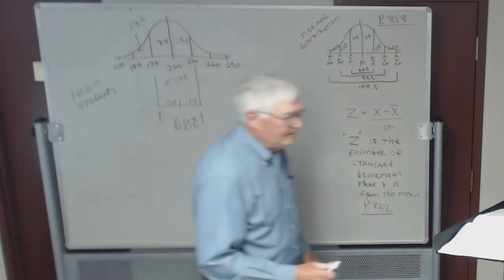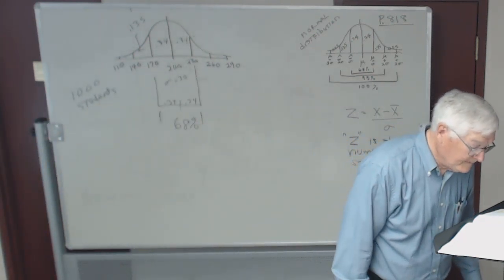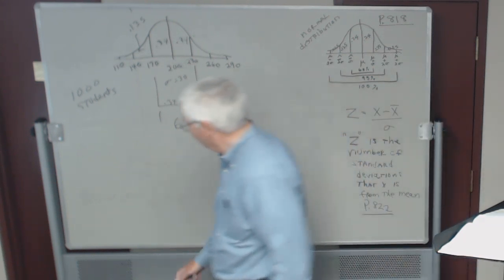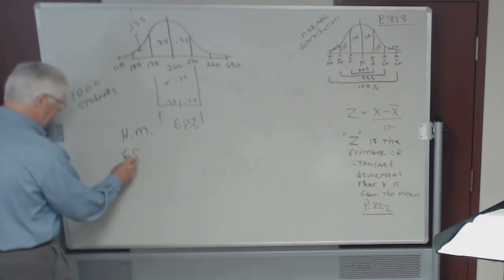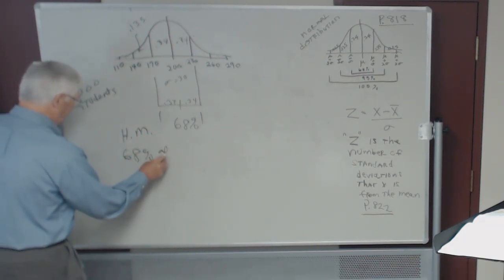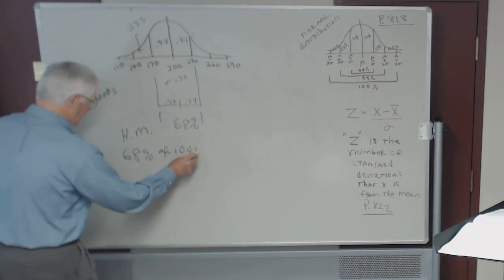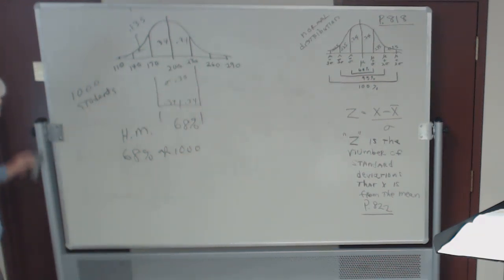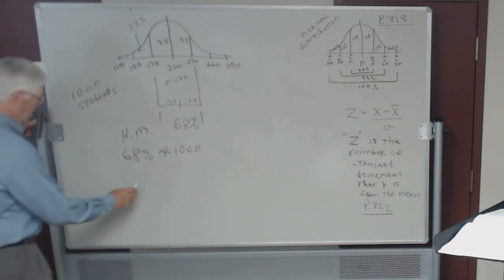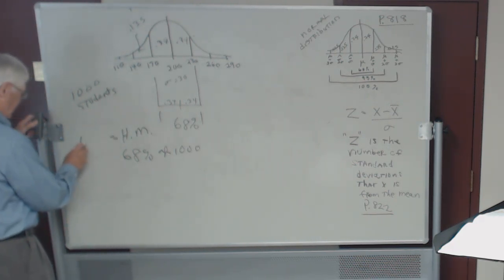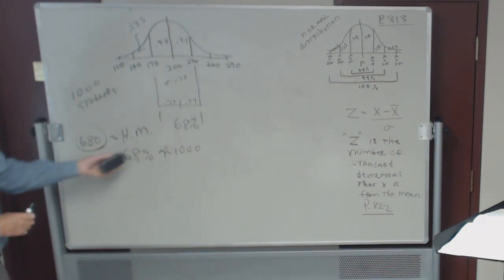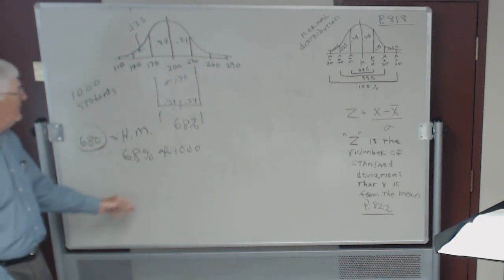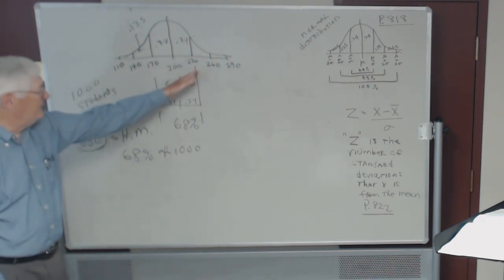But now look what it said. See, this is where it said how many. So when it says how many, I have to take 68% of the number of students, 1,000. So what's 68% of 1,000? 680. So out of these 1,000 students, 680 of them will make a score between 170 and 230.